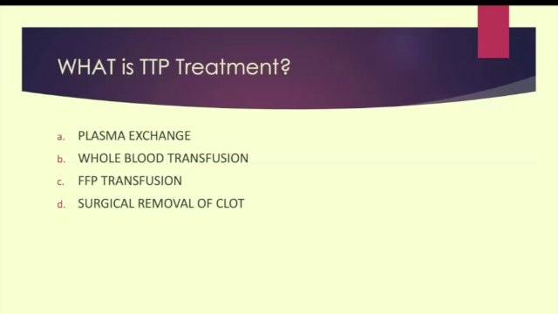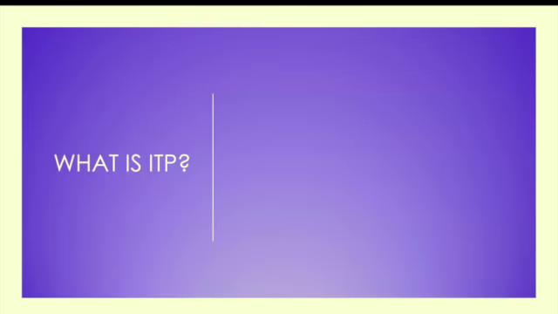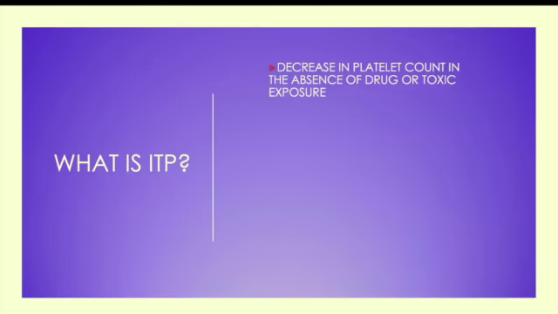What is TTP treatment? Which one of these do you guys think? It's definitely plasma exchange. What is ITP? There's a decrease in the count, absence of drug or toxic exposure.